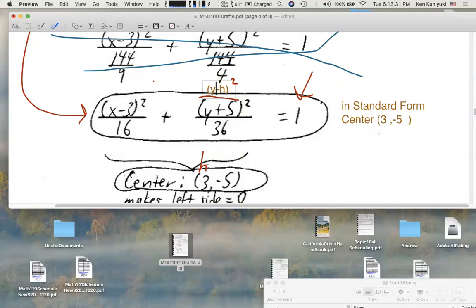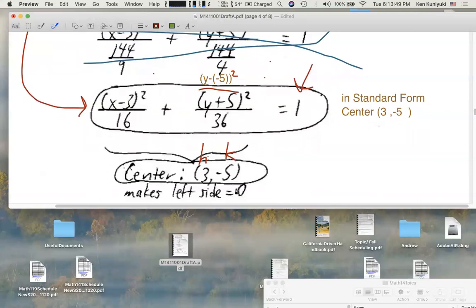Okay, so y minus k all squared. The square of y plus 5 is the square of y minus what? Well, when you add 5, you're subtracting negative 5. K is negative 5. But the easy way to look at it, what makes the left side equal to 0? All right, 3 comma negative 5.